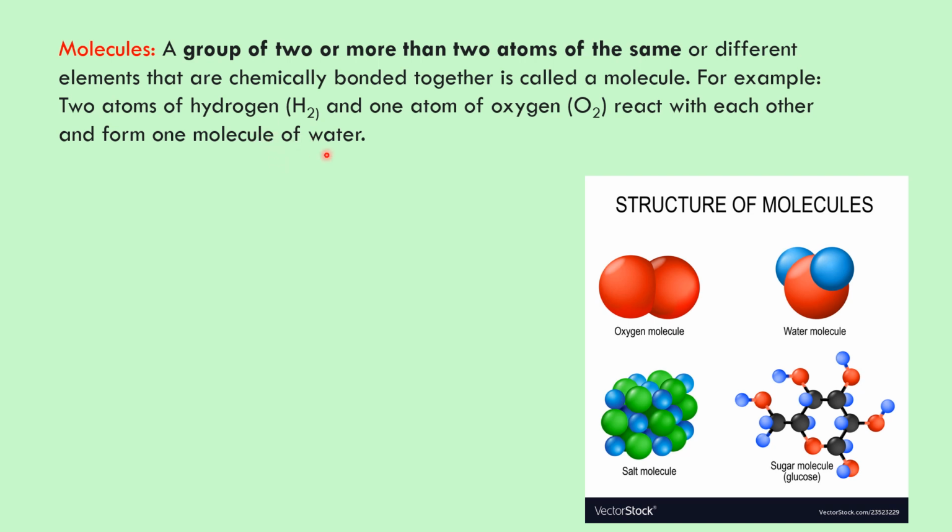But water we can't consider an element, because water is a combination of hydrogen and oxygen elements. Therefore, a molecule is a combination of two or more elements or two or more different types of atoms.